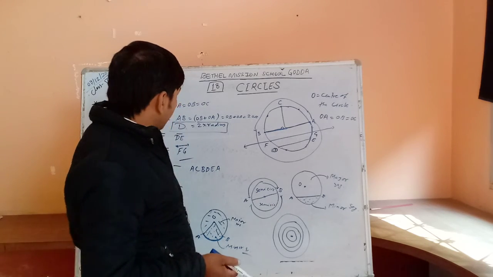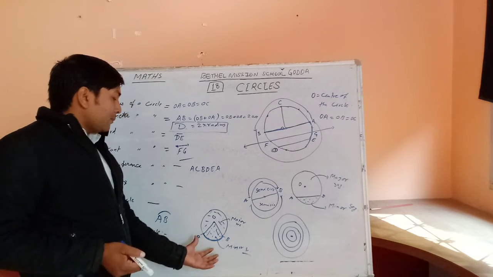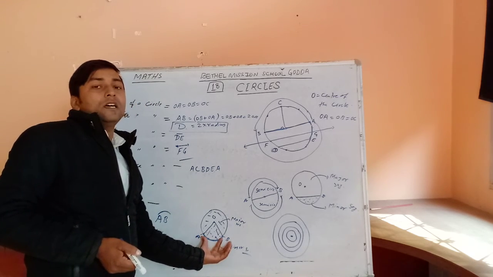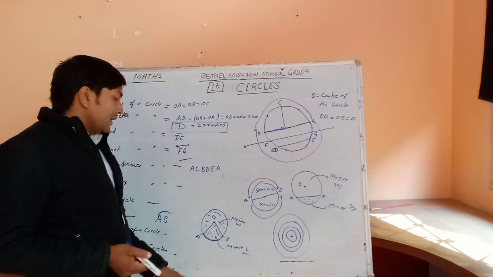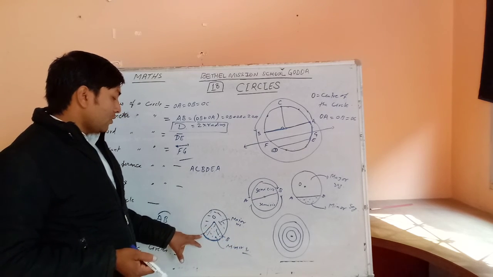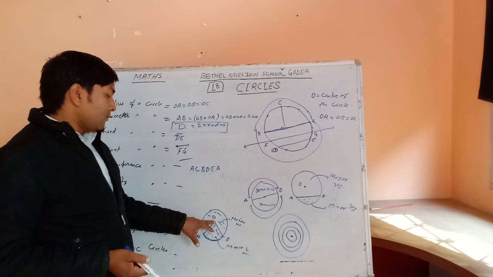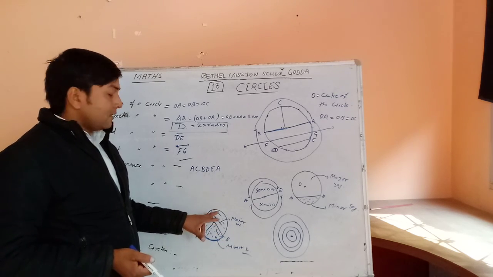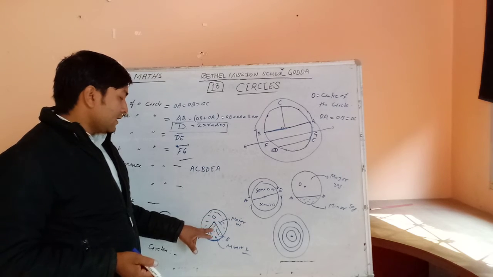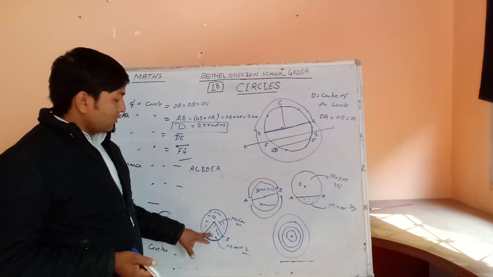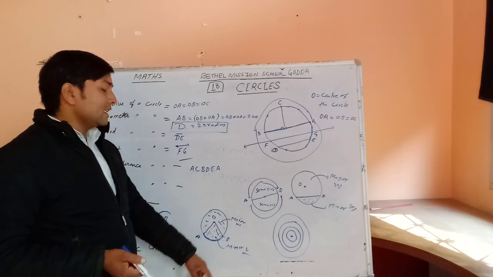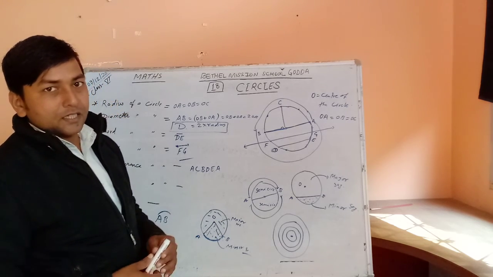And the arc, what is an arc? Any part of the circle is called an arc. And with the arc, if we draw lines from the center, it divides the circle into two parts, which are called sectors. The smaller is the minor sector, and the bigger is the major sector.